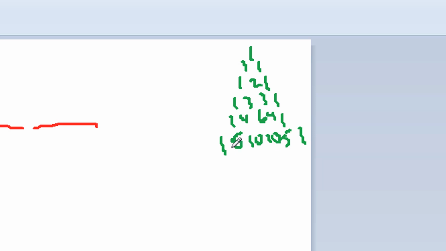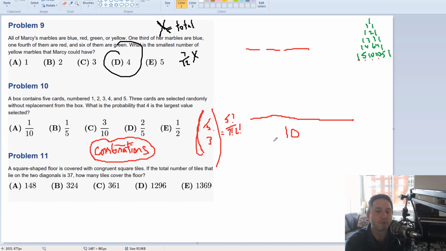This number here is 5 choose 1. This is 5 choose 0, 5 choose 1, 5 choose 2, 5 choose 3. So we have 10 for our denominator. So there are 10 ways that we can choose 3 cards.